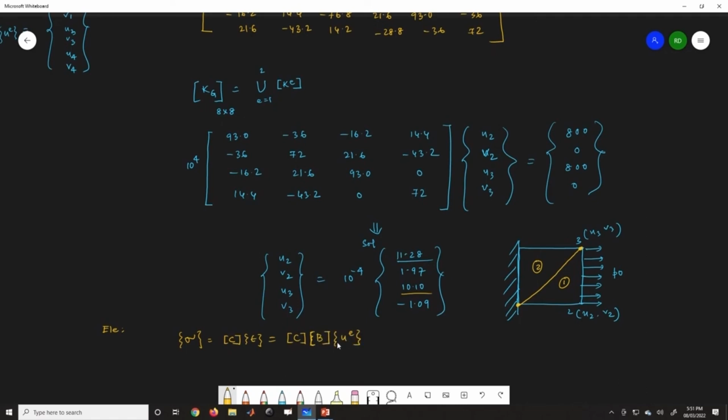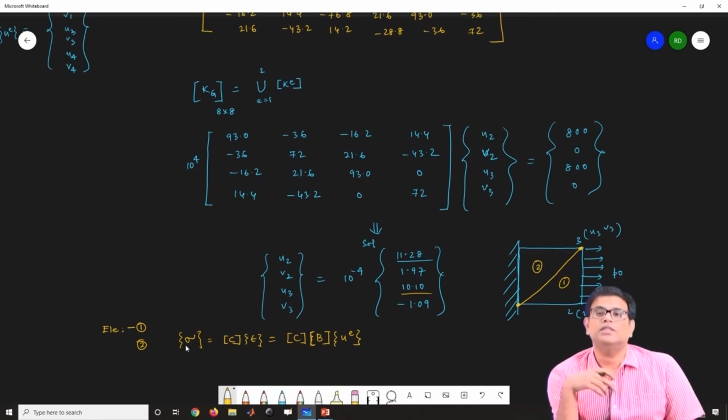So for element number 1 and element number 2, I can compute the stress and strain vectors. Naturally these will not have any variation over an element, because it's a constant strain triangle. So naturally this will be constant, so we have jumps in the stresses and strains.